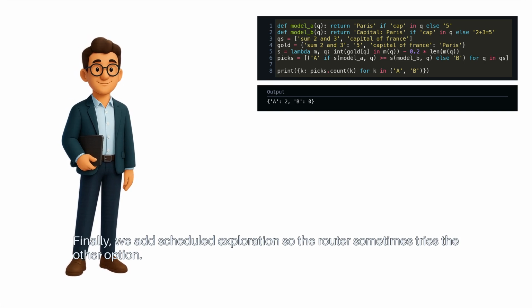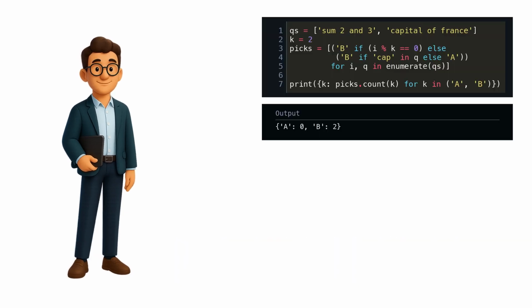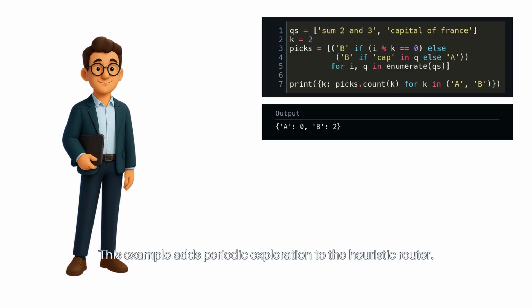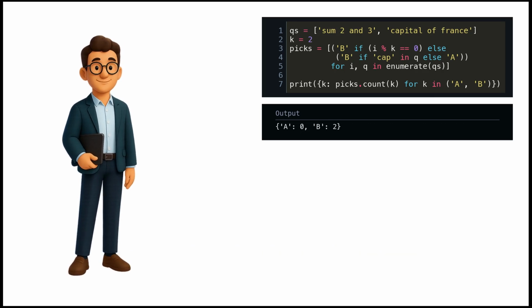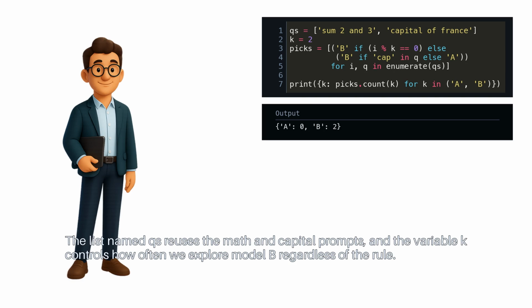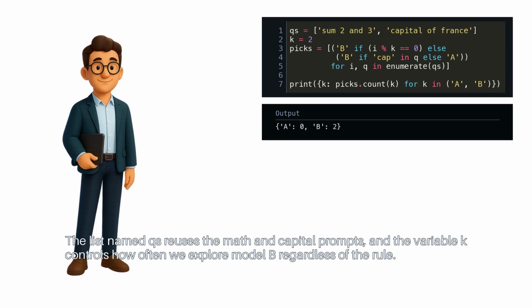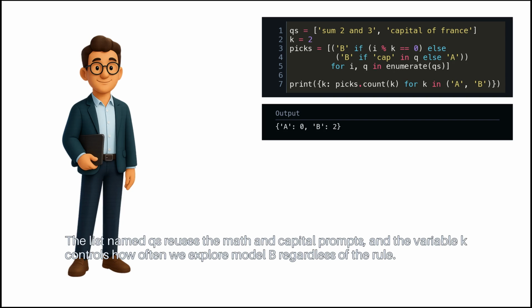Finally, we add scheduled exploration, so the router sometimes tries the other option. This example adds periodic exploration to the heuristic router. The list named QS reuses the math and capital prompts, and the variable K controls how often we explore model B regardless of the rule.